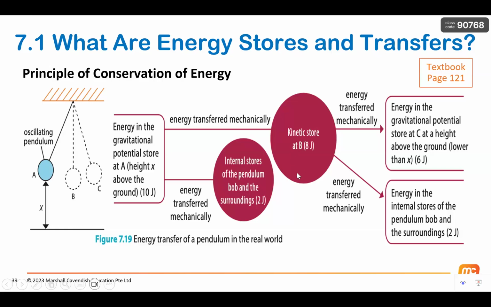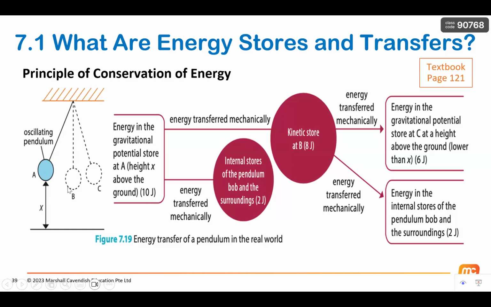Okay, then similarly, from B to C, I will again lose 2 joules of energy to the internal stores of the surroundings and to the pendulum as I continue to swing from B to C. So eventually, when I reach C, I will only be left with a gravitational potential store of 6 joules instead of the original 10 joules.